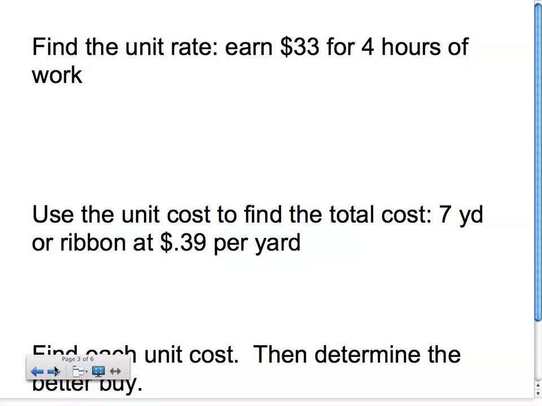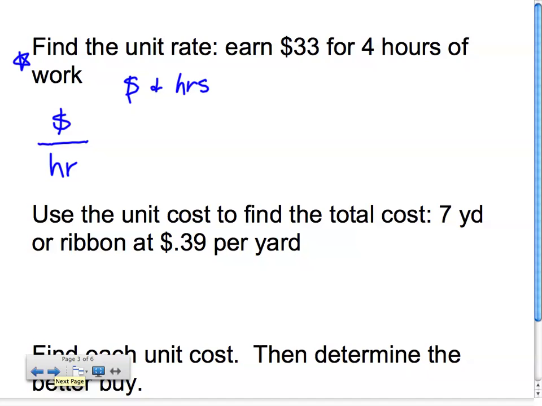Okay, so let's start practicing. The first question we have is, find the unit rate. Earned $33 for 4 hours of work. Our units are dollars and hours, so we're going to set that up with the dollars over the hour.